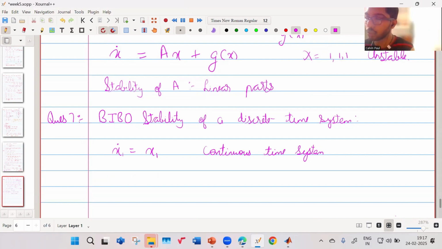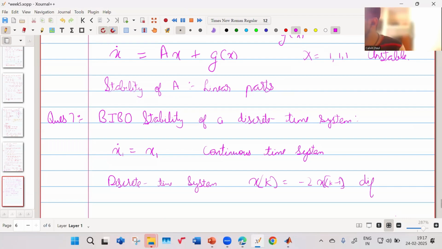But when you come to a discrete time system, we will write that x of k is equal to minus 2 of x of k minus 1, something like that. It is written in terms of difference equations.